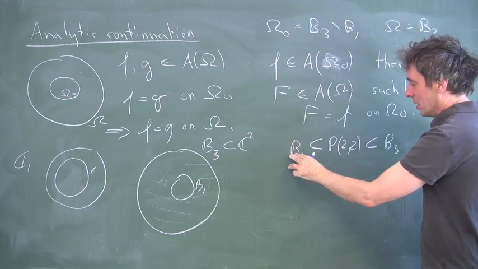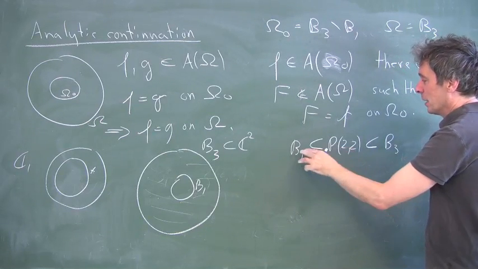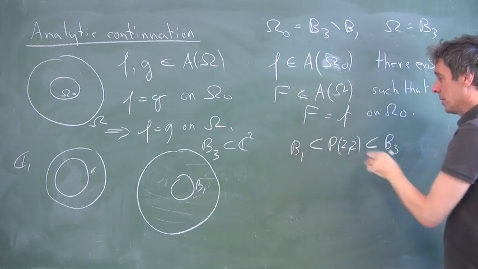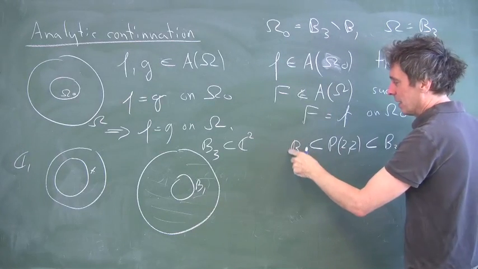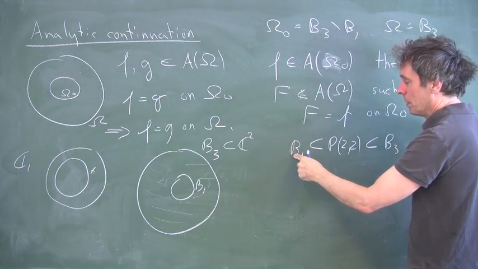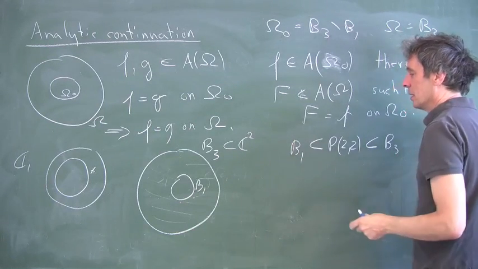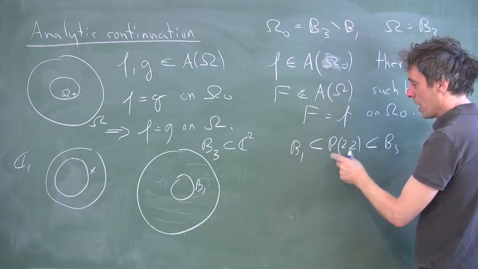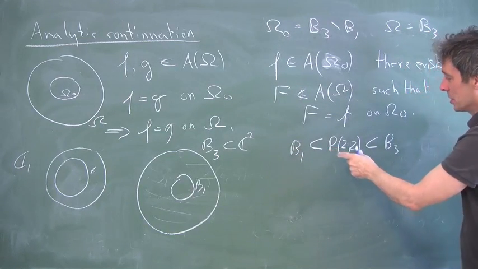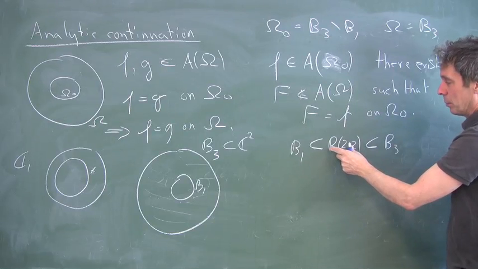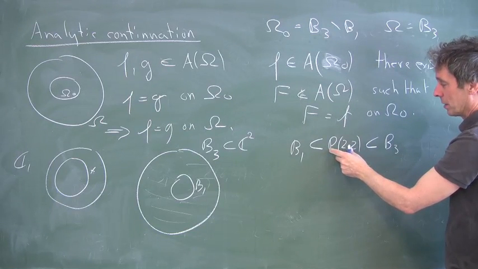B1 is obviously contained in the polydisk P22 because if a point belongs to B1, then both coordinates must have absolute value less than 1, and here the condition is just that both variables have absolute value less than 2.